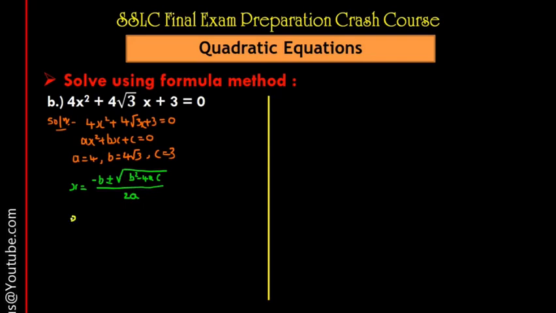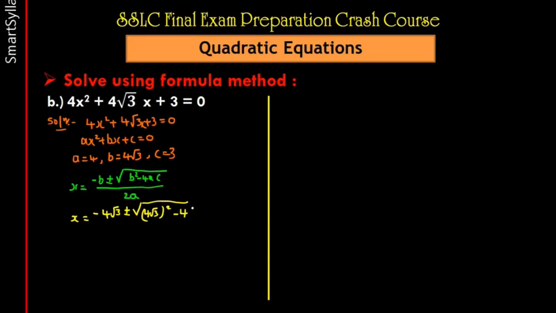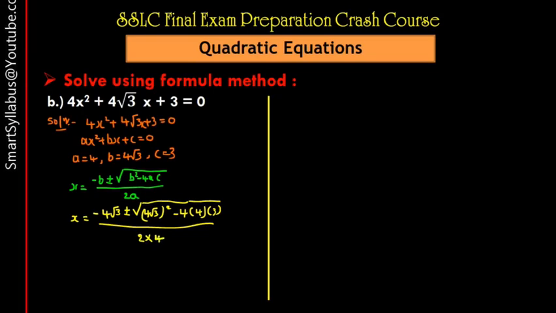Okay, it is x is equal to minus b is 4 root 3 plus or minus square root of b is 4 root 3, the whole square, minus 4, a is 4 and c is 3, the whole divided by 2a. 2 into a is again 4.